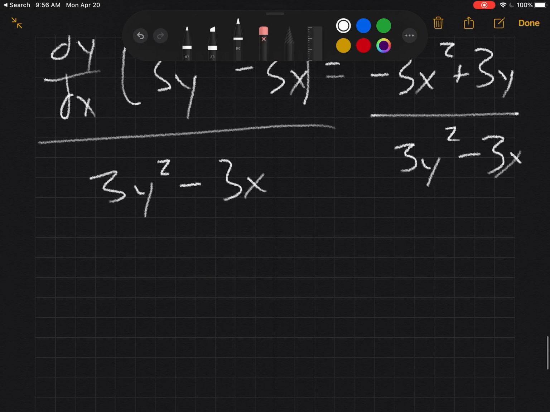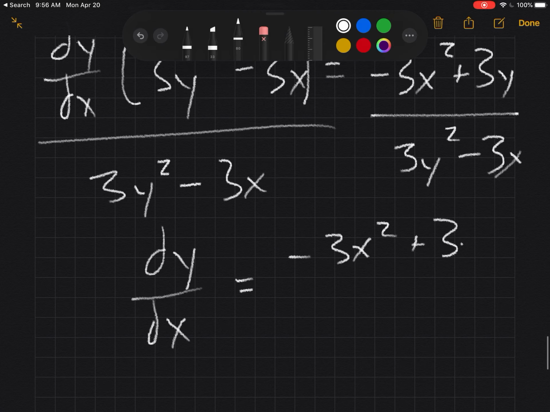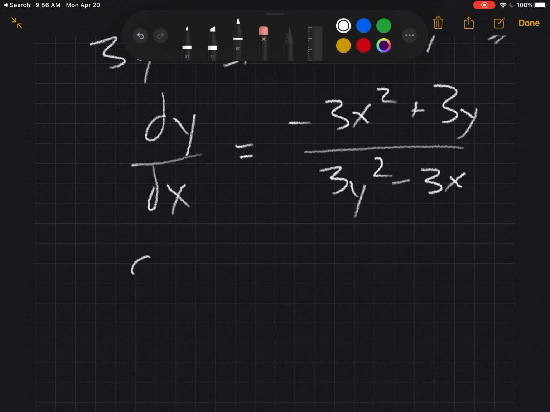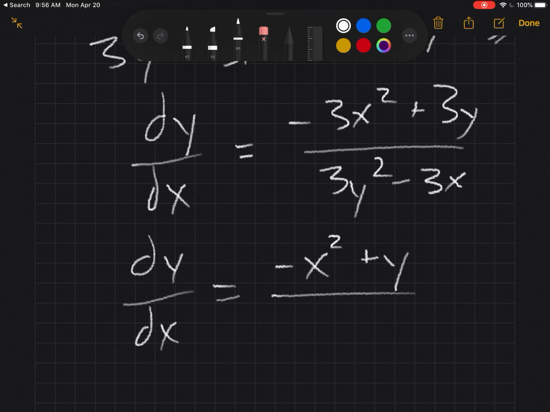I'm going to factor out my operator: dy/dx times (3y squared minus 3x) is equal to negative 3x squared plus 3y. And divide both sides by 3y squared minus 3x.